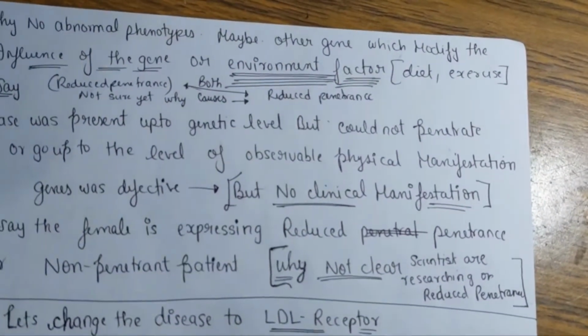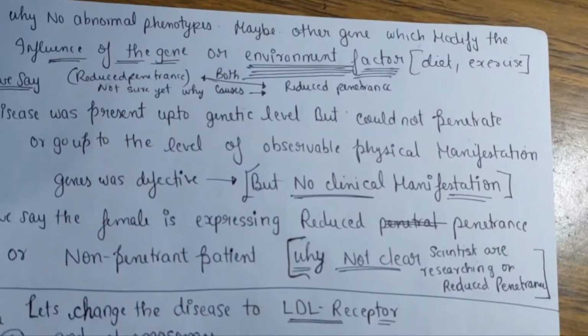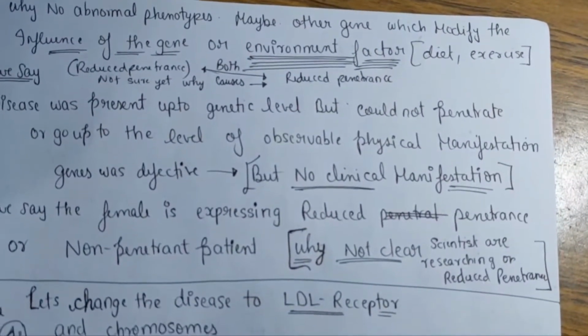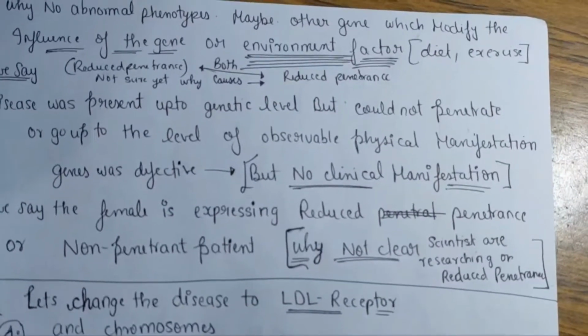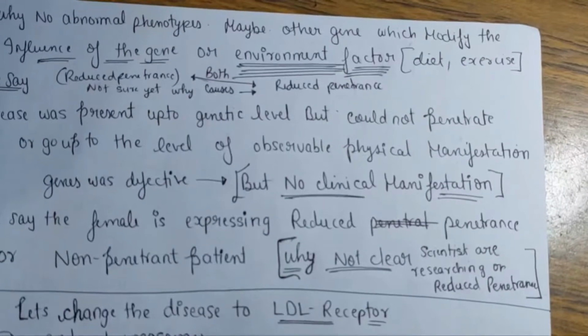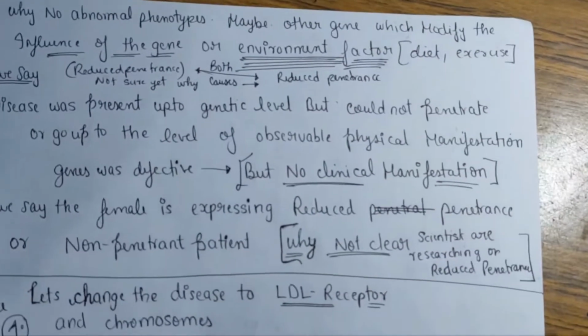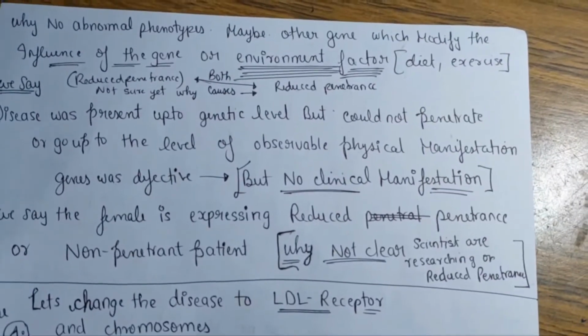This means that the disease was present at the genetic level, in the genotype, but it could not penetrate deep enough to reach the level of observable physical manifestation, or phenotype. So the defective gene was present, but there was no clinical manifestation or phenotype.